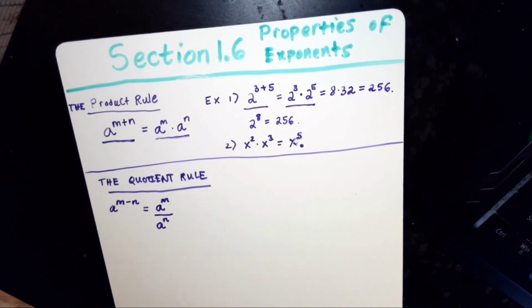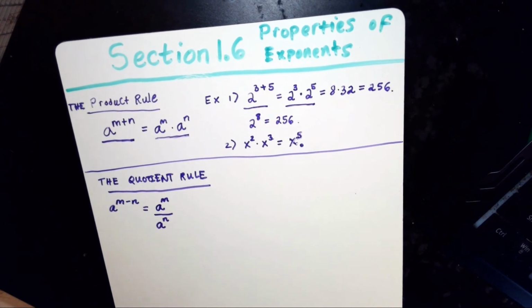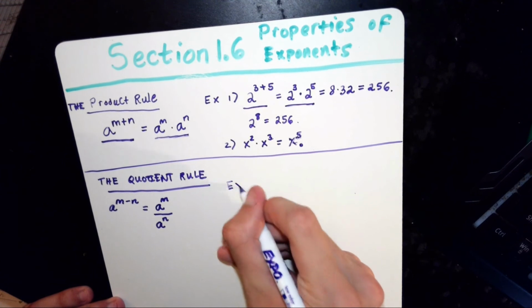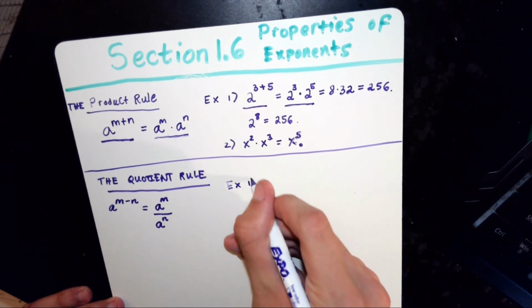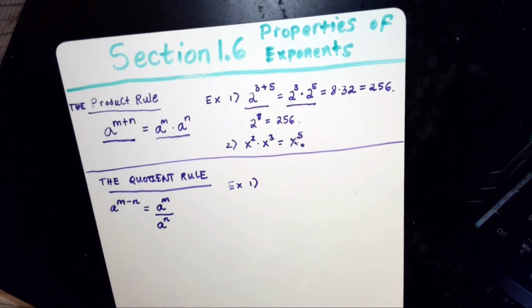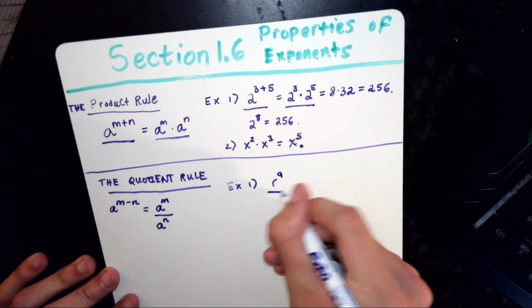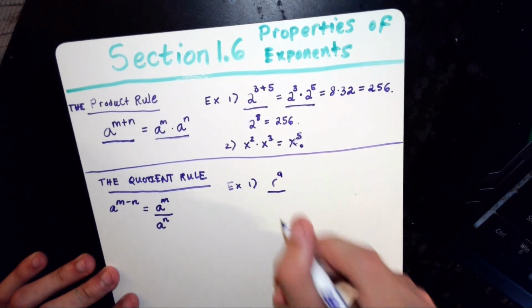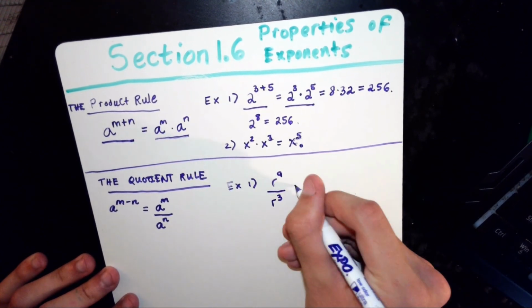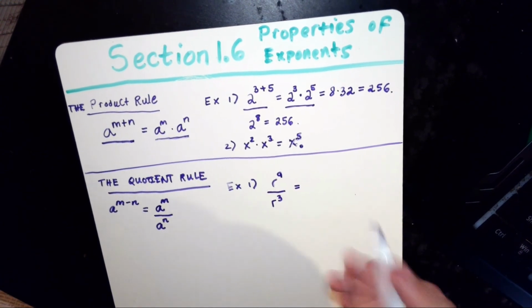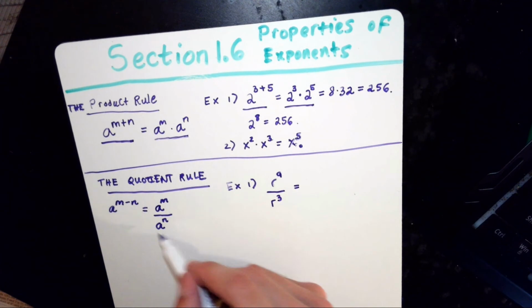So instead of proving it this time, why don't we look at some examples? Let's say that we have r to the 9th over r to the 3rd. I'm using r as a variable. Well, using the property off the bat, we're in the situation on the right-hand side.